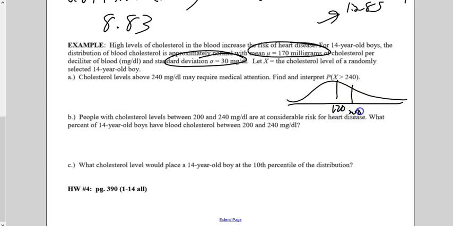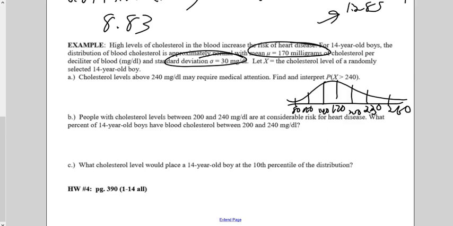That's going to be 200, 230, and 260. And then on this side, it's going to be 140, 110, and 80. Just so we have something to refer to. That's skewed. It doesn't look very normal. It's skewed right, but you know what I'm going for.